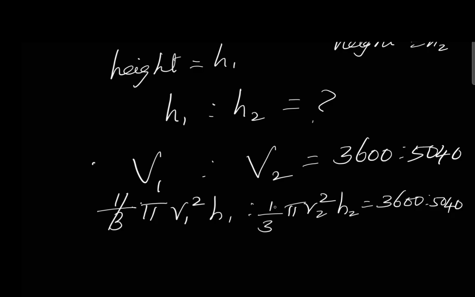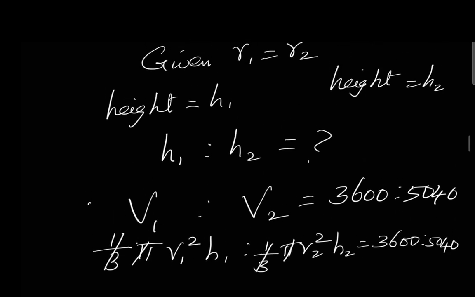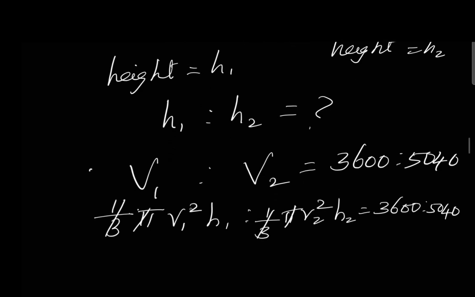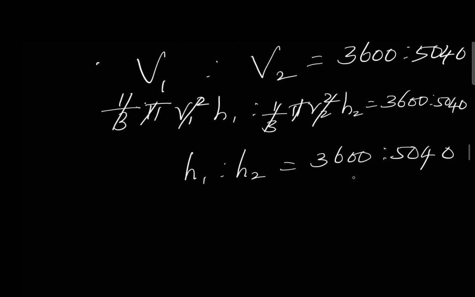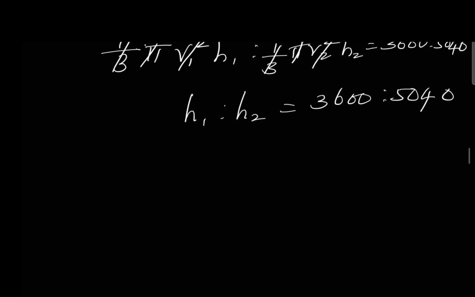Cancel the common terms, 1 by 3, pi cancel. Also it's given R1 is equal to R2, so R1 squared is the same as R2 squared. All the terms get cancelled. You are getting H1 is to H2 is equal to 3600 is to 5040.